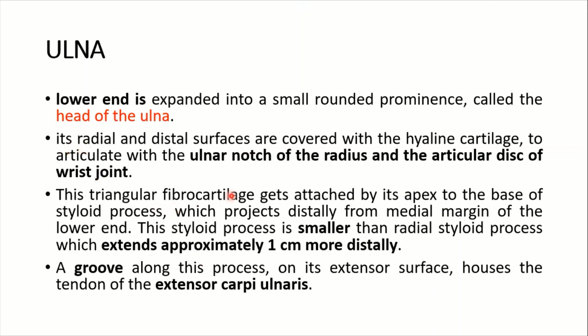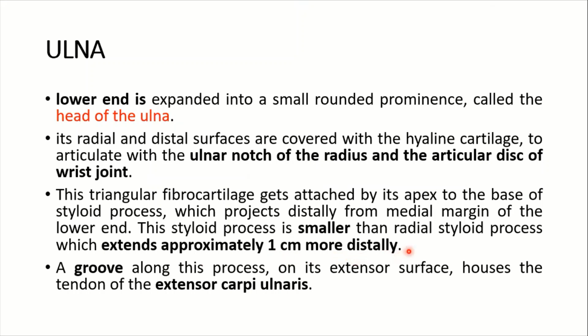This triangular fibrocartilage gets attached by its apex to the base of the styloid process, which projects distally from the medial margin of the lower end. This styloid process is smaller than the radial styloid process, which extends approximately 1 centimeter more distally.